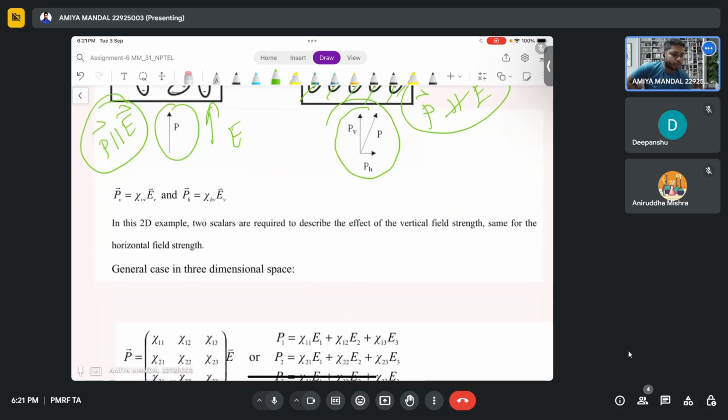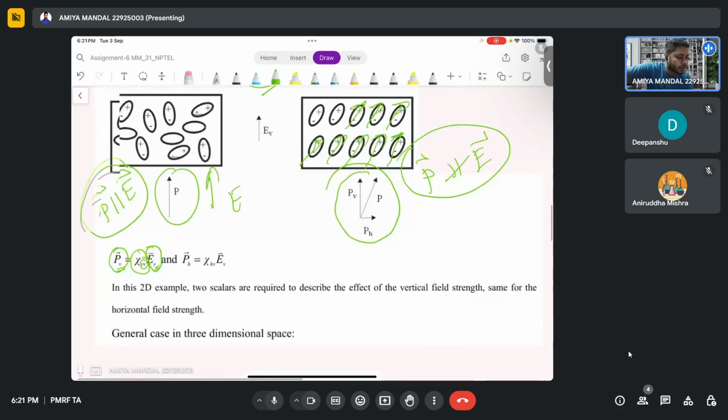So on the basis of this, when P and E are parallel, their rank of this tensor will be the same, that is nu. So what will be the rank of chi?